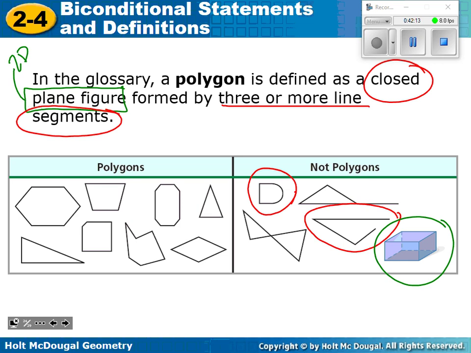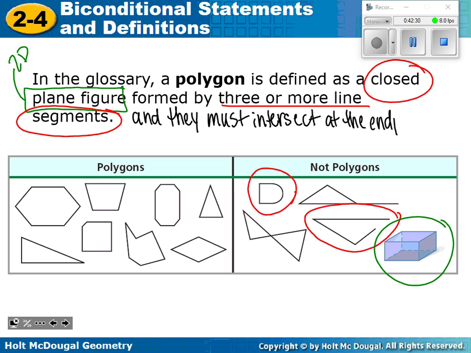The last thing, though, that's not here that I would add to your notes if I were you is, and they must intersect at the endpoints. So they have to be made up of line segments, but those line segments must intersect at the endpoints.